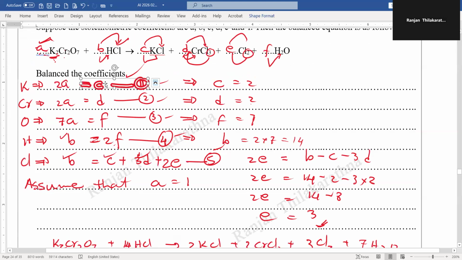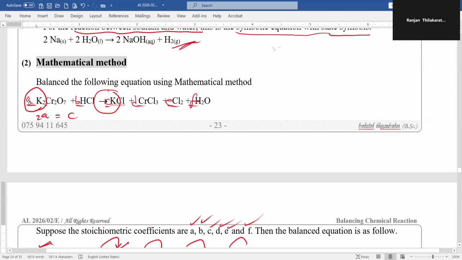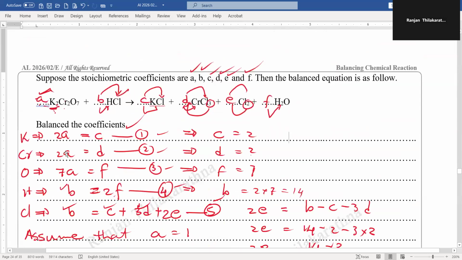So this relationship comes by considering the atoms of each. Here we have potassium: 2A equals C. Then you consider chromium, it is A times 2, again 2A.